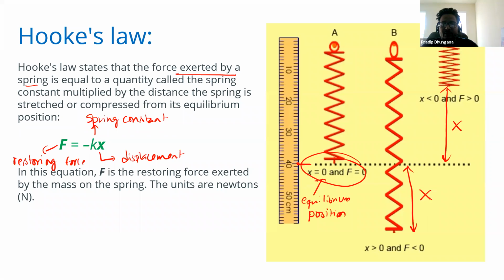In this case, x is greater than 0, force is less than 0. That means x is acting vertically downward and the restoring force is acting upward. In this case, the elongation displacement is acting upward and the restoring force is acting downward. That means force and displacement always act in opposite directions.